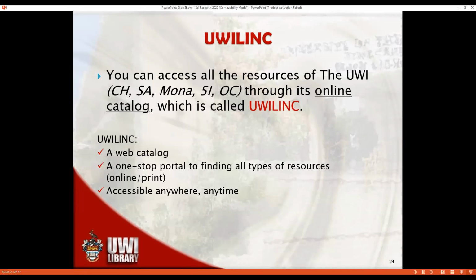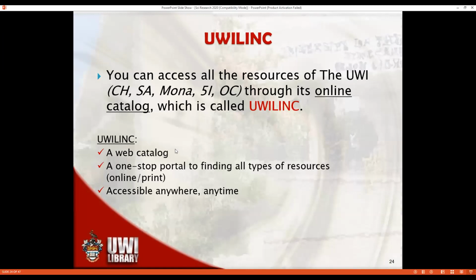UWeLink also serves as an index. It gives a listing of print and online resources, and you may access the full text of most online resources listed. It lists all types of resources which you can access anywhere, anytime, once you have internet access.